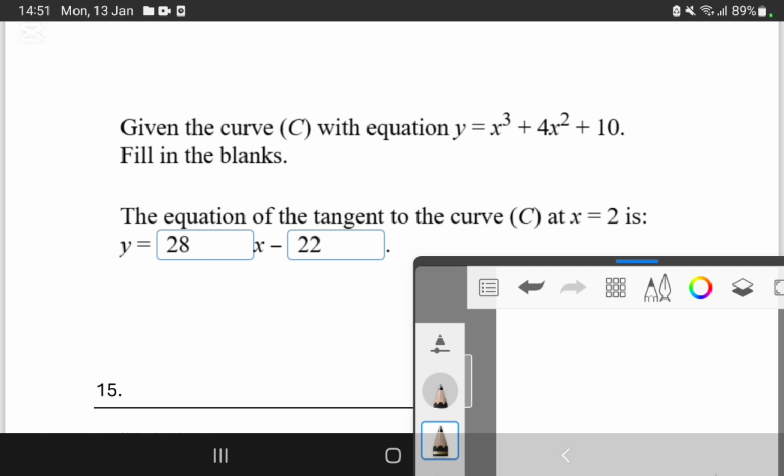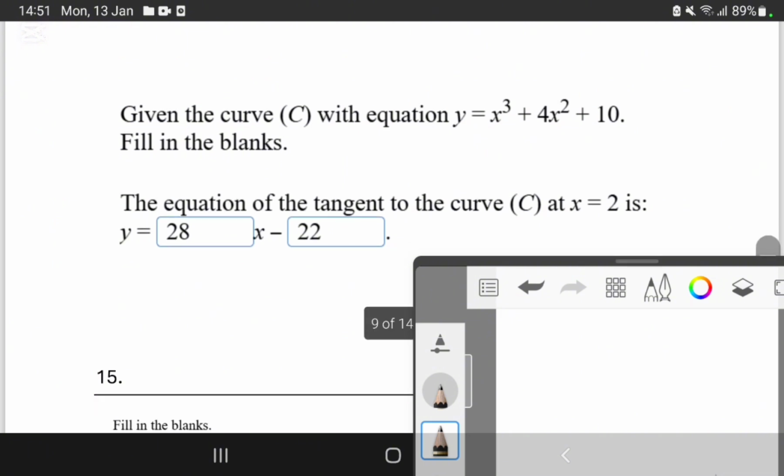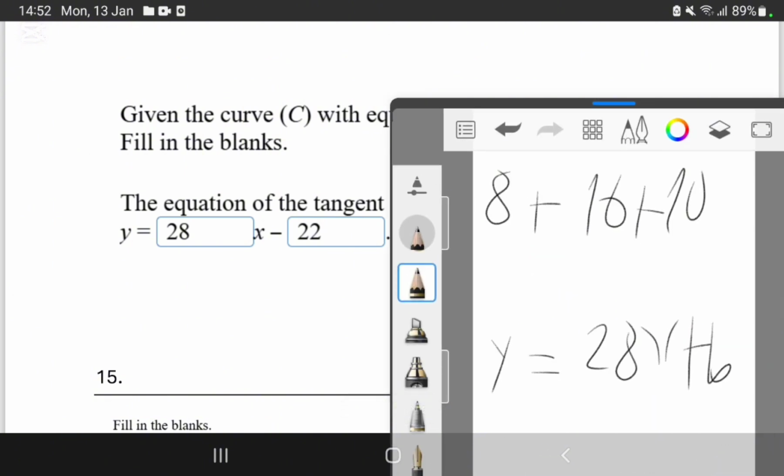So to find the y of the point that we'll use to find b, we substitute x in the original equation, which will give us 8 plus 16 plus 10, which is equal to 34.